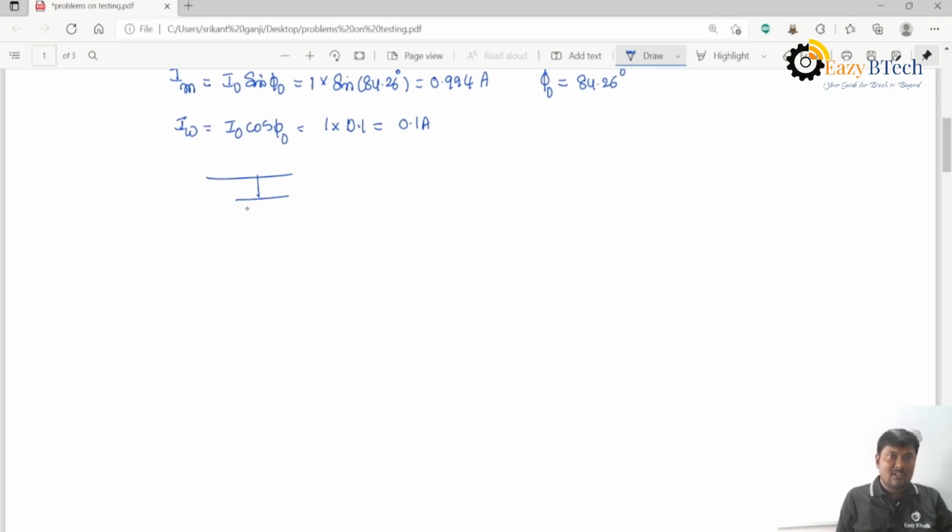What is the no load equivalent circuit? From the open circuit test, we should calculate the equivalent circuit shunt branch parameters.